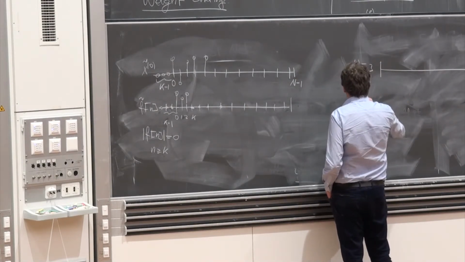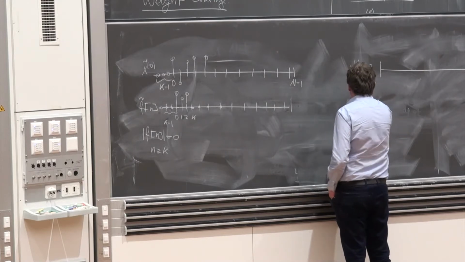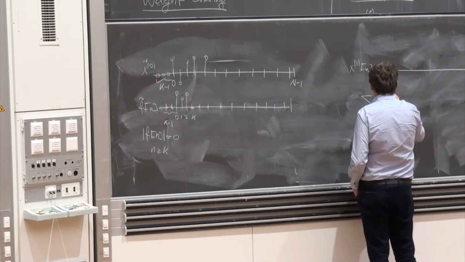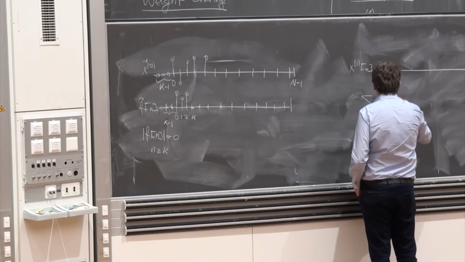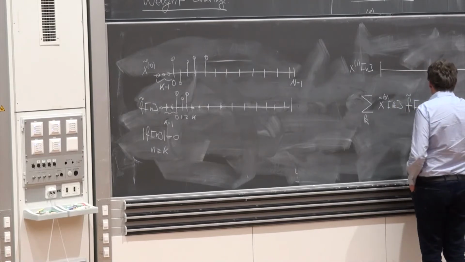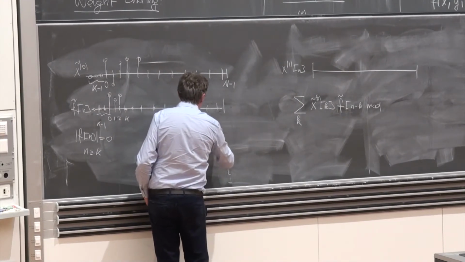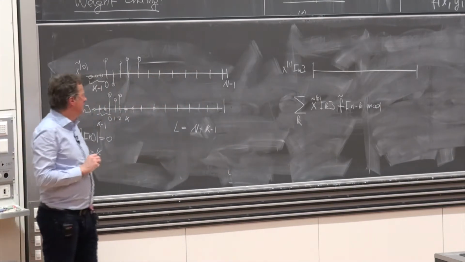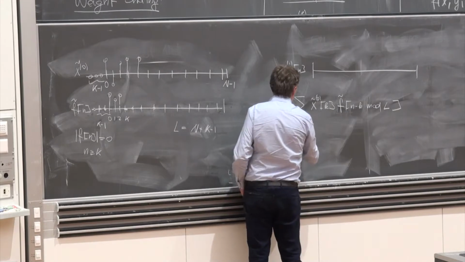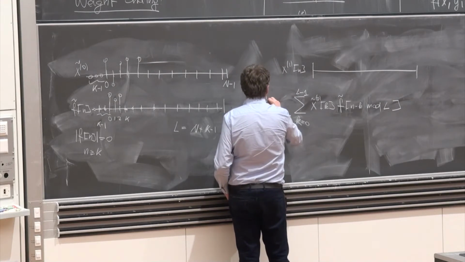If I take x tilde 0 of k times f tilde of n minus k, modulo, and let me call the length L, which is n plus k minus 1, and I sum over all k from 0 to L minus 1, I get x tilde 1 of n.